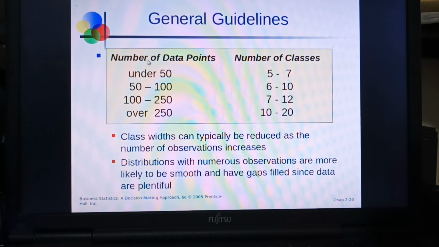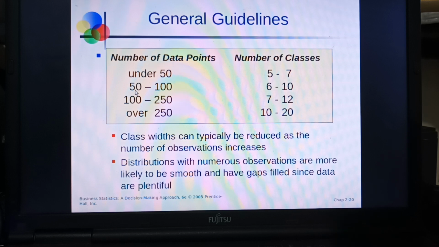In general rules or general guidelines, the number of data points versus number of classes. If you have under 50 data, you should have only around 5 to 7 classes or intervals.